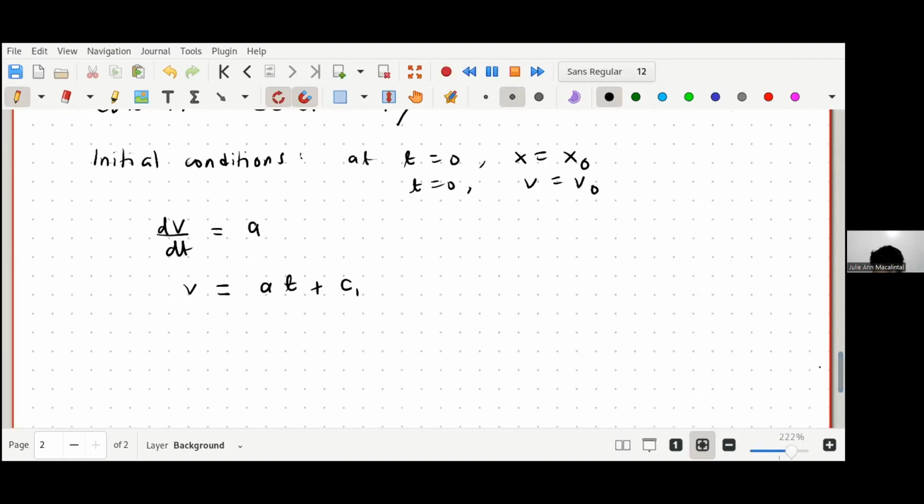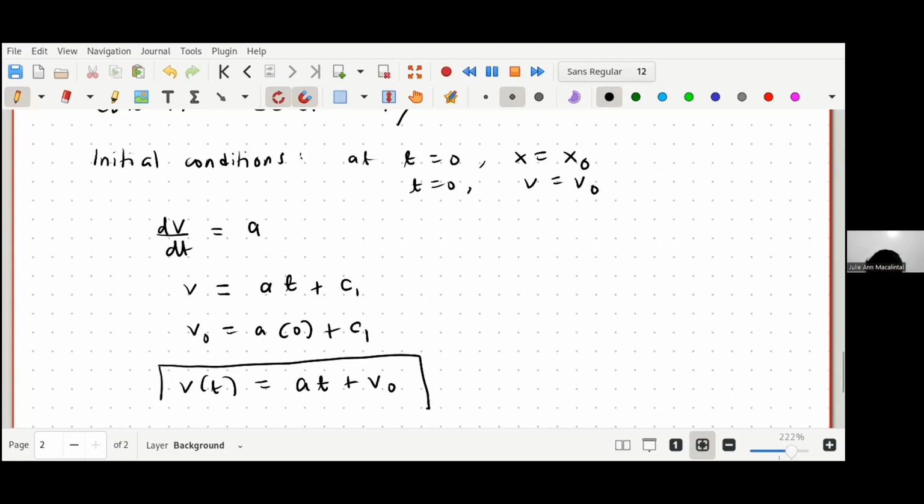Ngayon, this is one way to set it up and then plug in para ma-determine yung constant. So V naught is equal to A times 0 plus C sub 1, which means na yung V as a function of T is A times T plus V sub 0. So that's the first result.